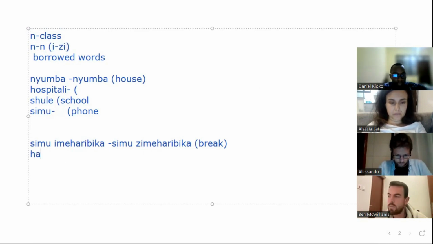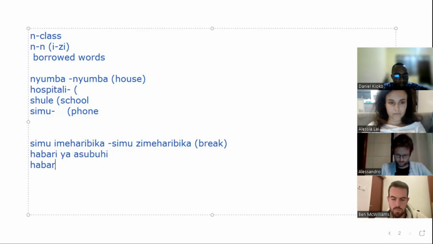This also reminds me, you remember when we started our classes, when we were learning about habari, there was this common question: is it habari ya asubuhi or habari za asubuhi? Because of the N class.